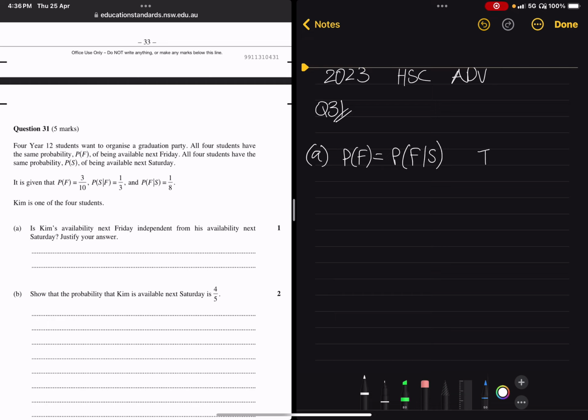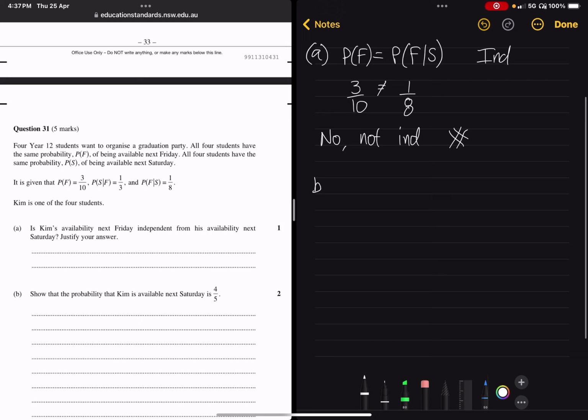This is the condition for independence. Now, given that P(F) is 3/10 and P(F|S) is 1/8, these are not equal, so therefore no. This is not independent. And this is the answer to part A.